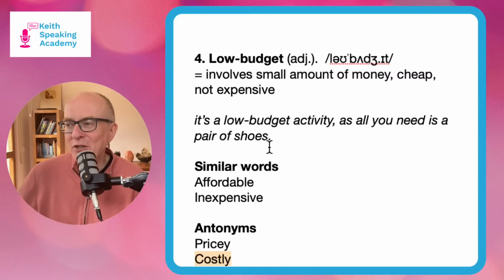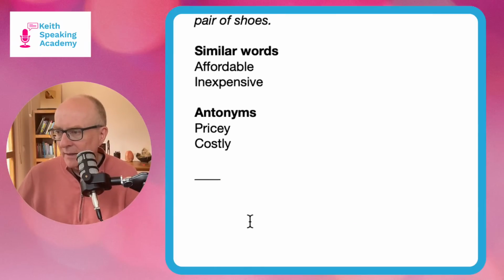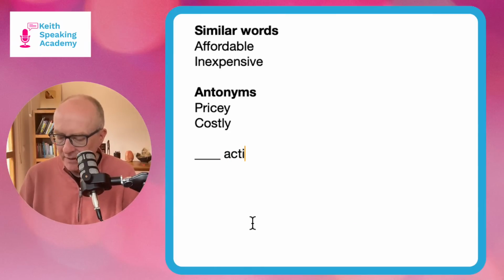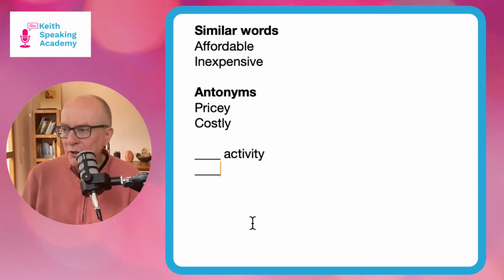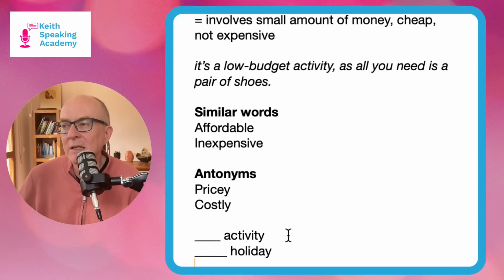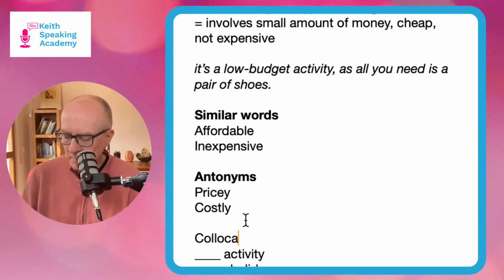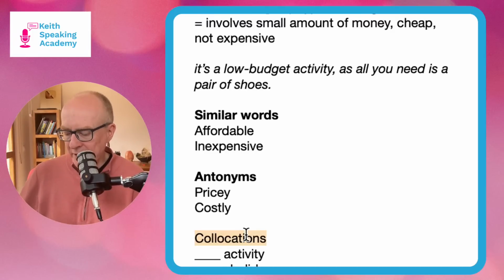I love all your expressions there. Low budget. We talk about low-budget activity. Did I write this? No. Low-budget activity. A low-budget holiday. Low-budget holiday, low-budget activity, low-budget what? I think that's it. If you think of any more, let me know.